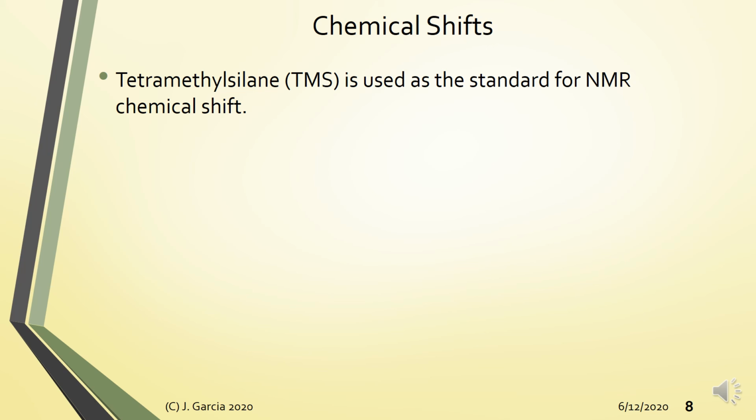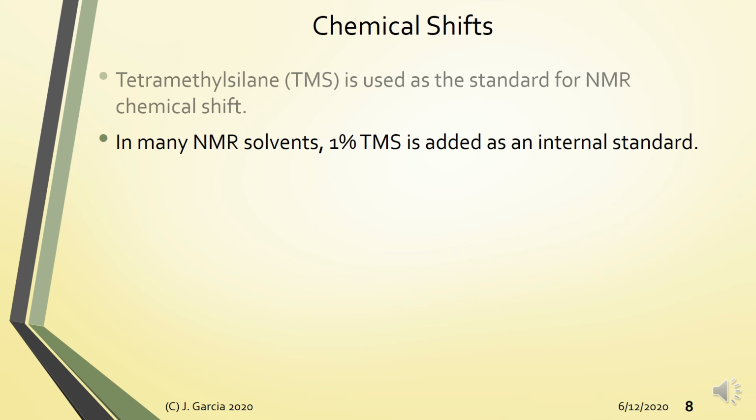This is used as the standard for NMR chemical shifts, and we can see this in your NMR spectra, denoted by 0 ppm. The value of the chemical shift for trimethylsilane is set as 0 ppm. So in many NMR solvents, about 1% TMS is added, and this serves as your internal standard.